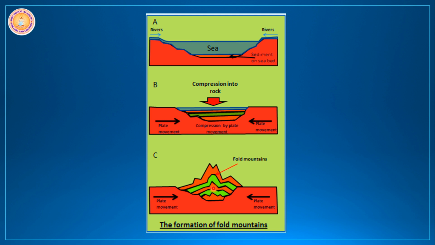It is believed that in the geological history, there were long, narrow, low-lying areas of shallow seas. Over the period, they were filled with huge amounts of sediments, which were deposited by rivers and winds.